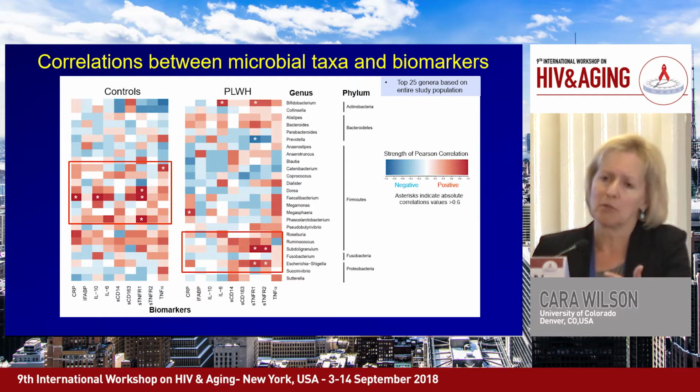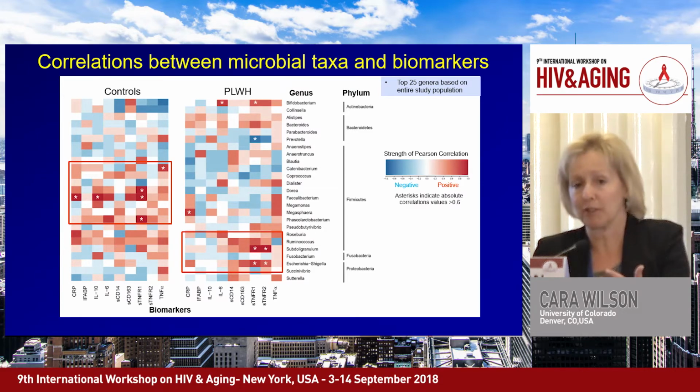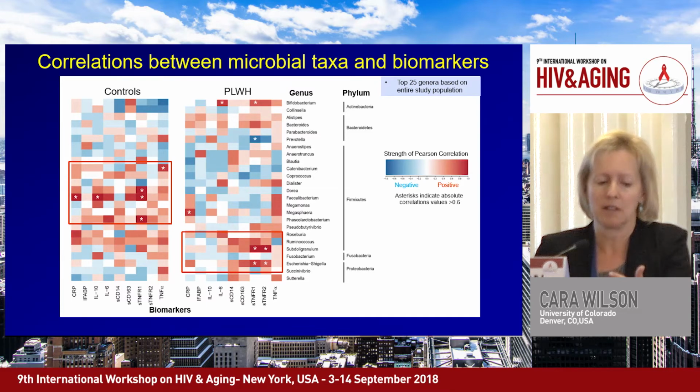So again, we're trying to sort out what all these associations mean, but it's important to know that not only is your microbiome with age different in HIV infection, but your relationships between the microbiome and inflammatory markers differ as well.